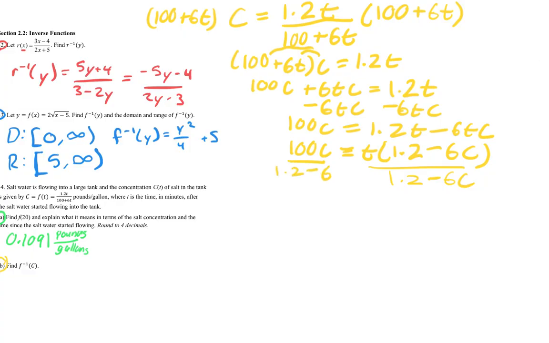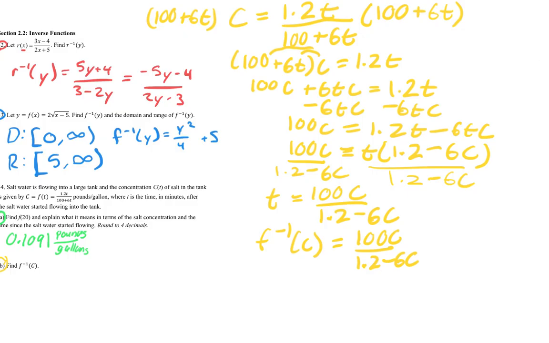So t is equal to 100c over 1.2 minus 6c. That means f inverse of c is equal to 100c over 1.2 minus 6c, or another way to write it is negative 100c over 6c minus 1.2, which we got just by dividing on a negative.